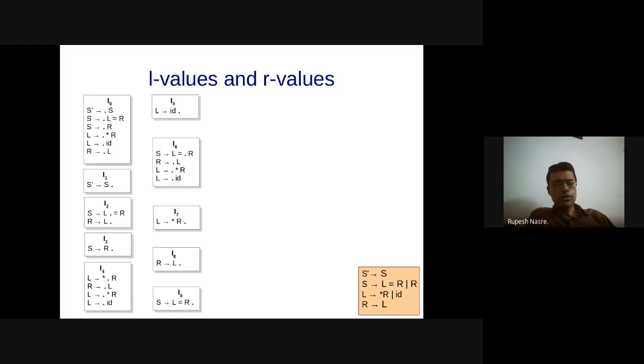Which state is the most interesting for you here? Note down that follow of S is equal to $. So that's what we have.